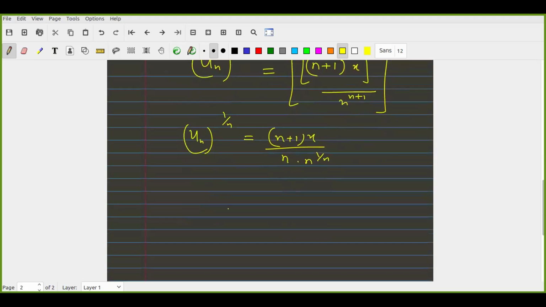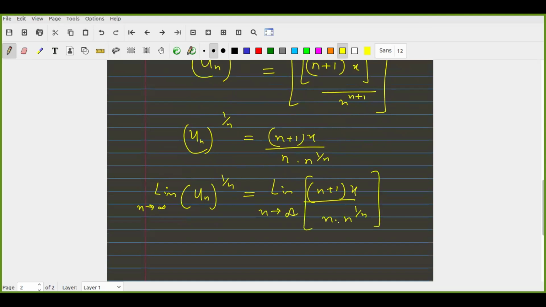So now we take the limit on both sides. Limit of un power 1 by n as n tends to infinity is the limit of this expression as n tends to infinity. Here is a small bit of information.